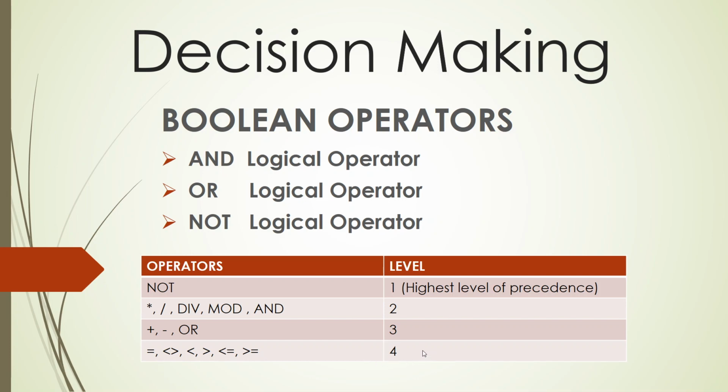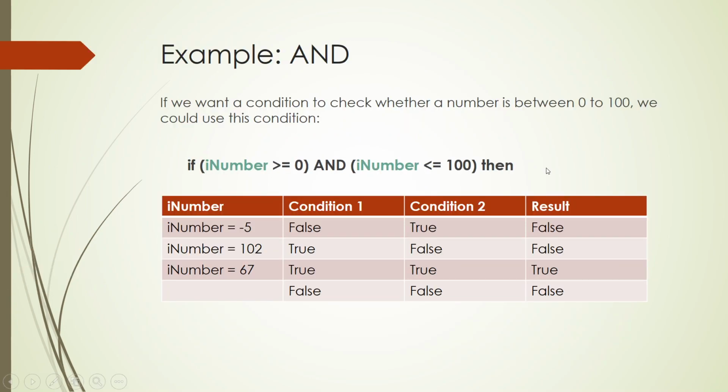So let's take a look at one of the logical operators, the AND operator. If we want to check a condition where we're comparing two numbers, if a number is between this number and that number, both inclusive, I would use the AND operator.